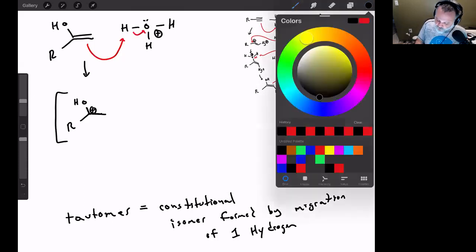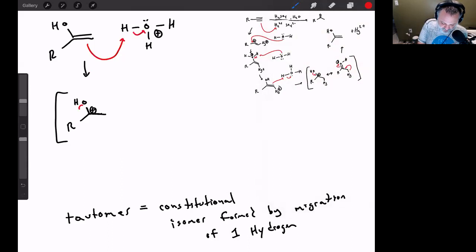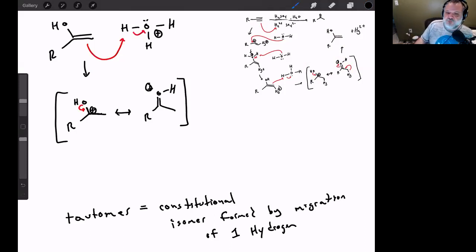And you saw before how this can be resonance stabilized. The electrons on the OH group can form a protonated carbonyl group. And you can see the positive charge delocalize between the carbon and the oxygen.